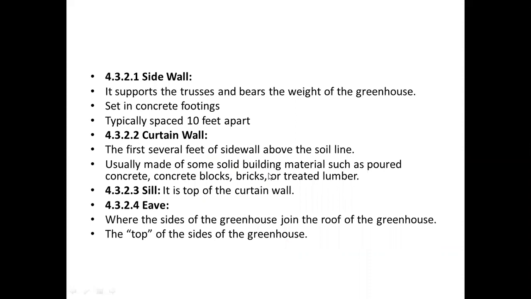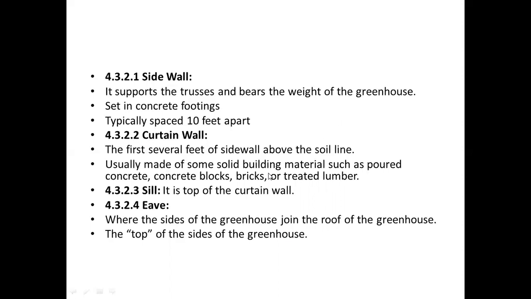The first several feet of sidewall above the soil line, usually made up of some solid building material such as poured concrete, concrete blocks, bricks, or treated lumber. So curtain wall is made from concrete blocks, bricks, poured concrete, or any material for the sidewall above the soil line, to block the entrance of, we can say, cold air.